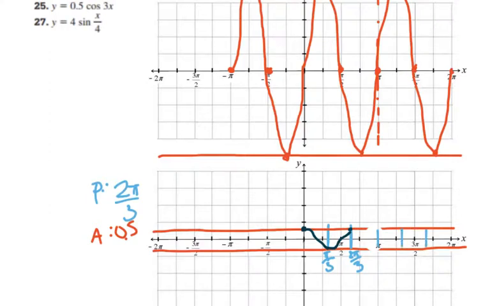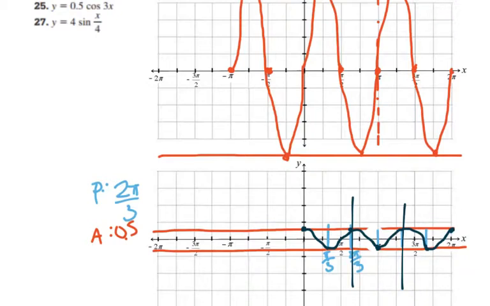There we go. And so then it's going to go back down at pi, come back up again, and then back down and back up again. It's kind of ugly, but there it is. So that's 3 revolutions because it's got this maximum here.